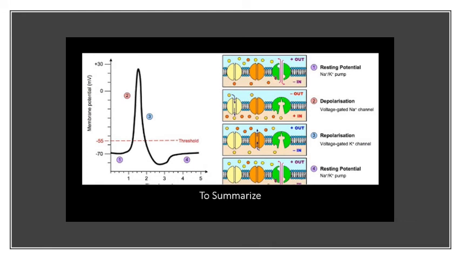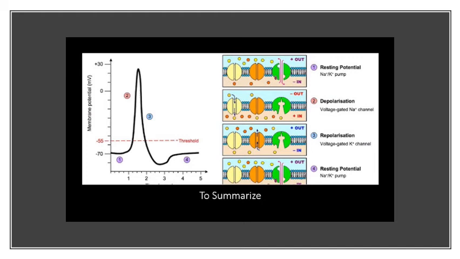All right, to summarize, I am aware that that was a lot. It's a fairly straightforward process when you break it down into the steps. You have a cell which is going to have a normal membrane potential or resting potential at -70 millivolts. Something has stimulated this cell and has met the threshold, which is -55 millivolts.